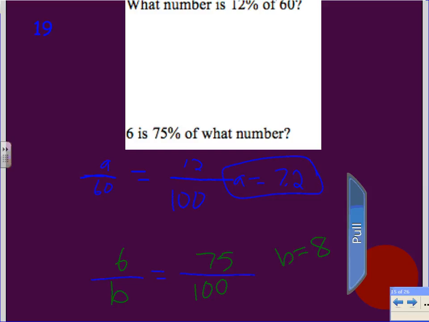The first one is A over 60 equals 12 over 100. You get 7.2. The second one is 6 over B equals 75 over 100. You get 8. Remember, is over of equals P over 100. Part over whole equals percent over 100. All right, no pressure, team 2, but if you guys get this, we all get bonus points.